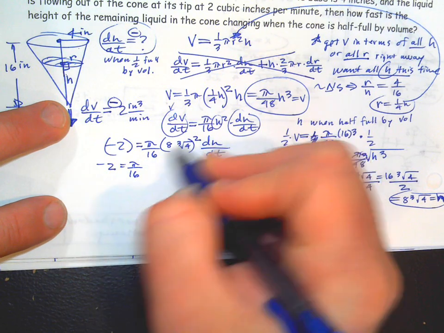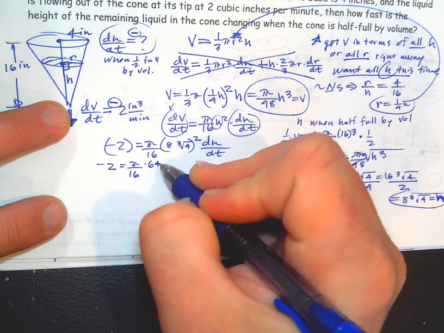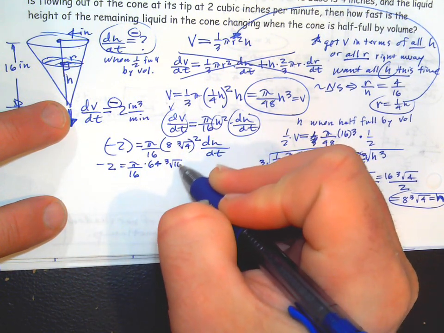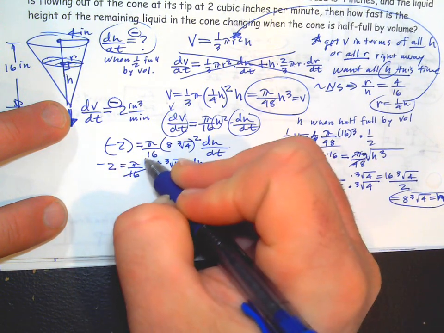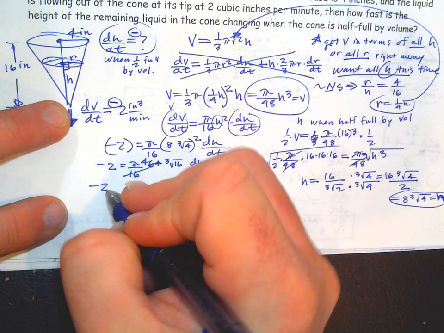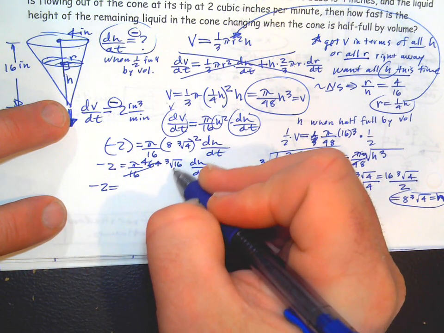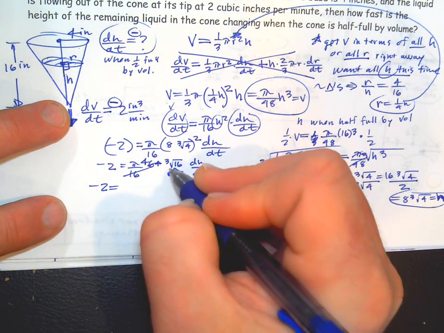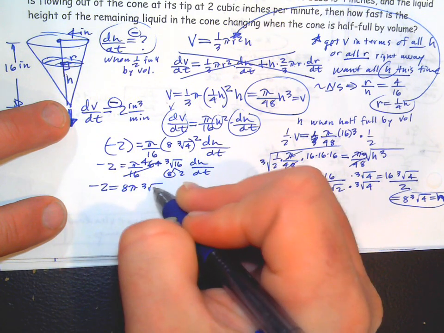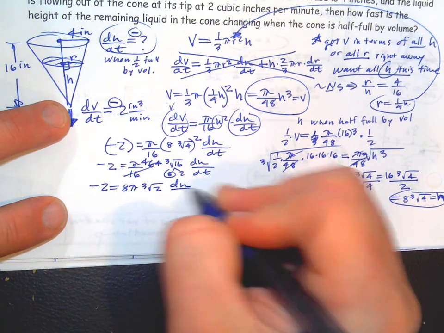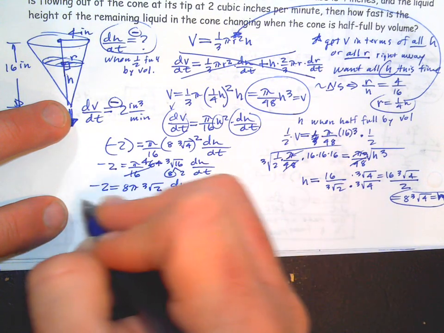This is going to be 64 cube root of 16. And so that reduces that to give you 4. And then we could take the cube root of 8 out. So that gives you another 2. So now we're at 8 pi cube root 2. So we're going to divide both sides by that.